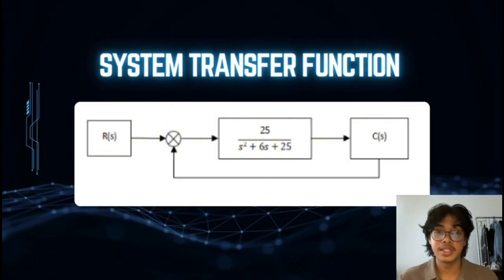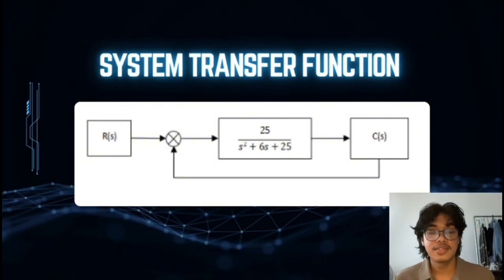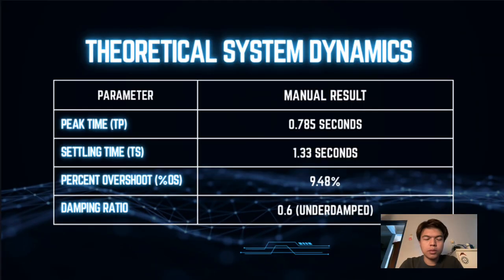Based on our calculation, the system has a peak time of 0.785 seconds, a settling time of 1.33 seconds, and a percent overshoot of 9.48%. These values show that the Daikin VRV system reaches the desired temperature quickly while maintaining good stability and avoiding excessive oscillation. Therefore, the transfer function confirms that our Daikin VRV system is a stable second-order underdamped system.